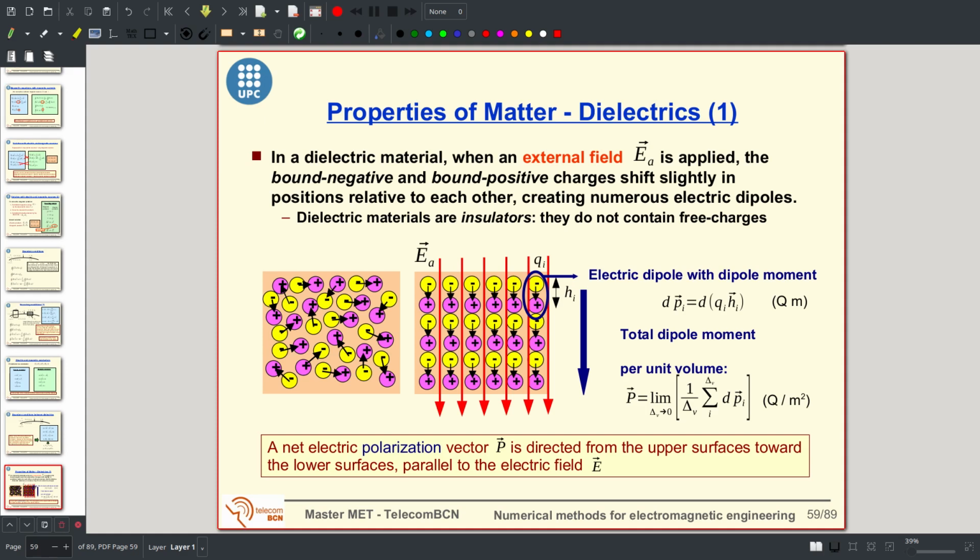If we have a dielectric material and we apply an external field, and we have a lot of dipoles inside the material with random orientation, the electric field orientates the dipoles so that all the dipole moments are aligned, and then we sum up all the aligned dipole moments.